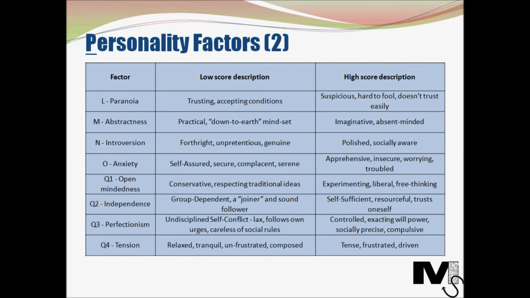And a perfectionist would be controlled, exacting, socially precise, and could be quite compulsive at the same time. Q4 is tension, so a low score description can mean a person is relaxed, tranquil, unfrustrated, and composed, and a high score description can mean that a person is tense, frustrated, but is driven.